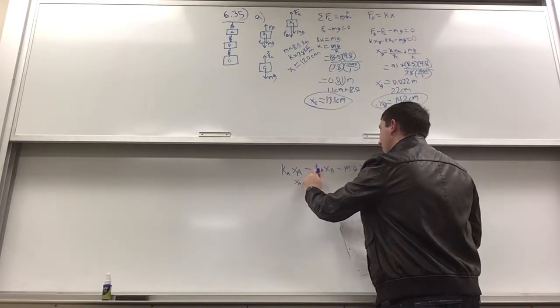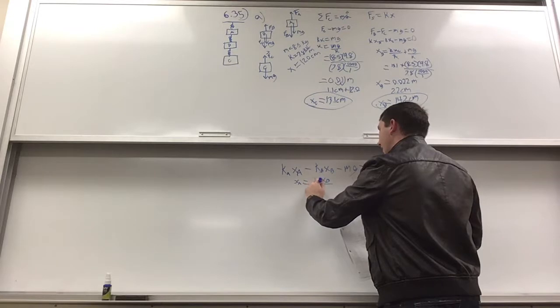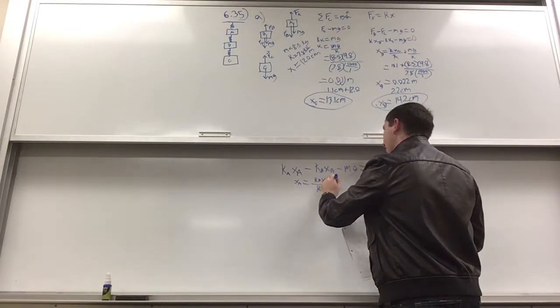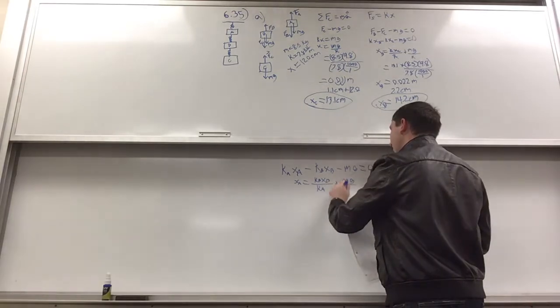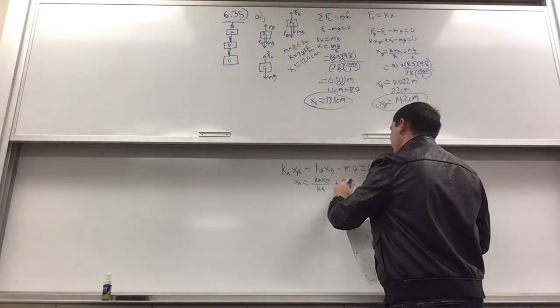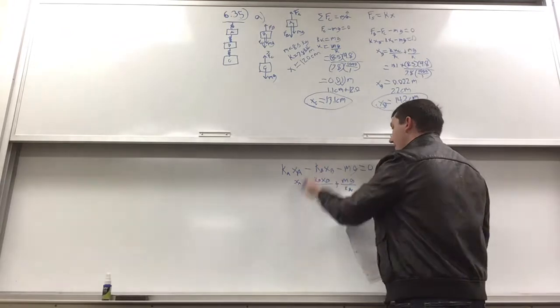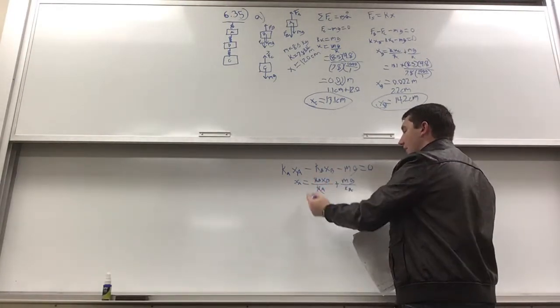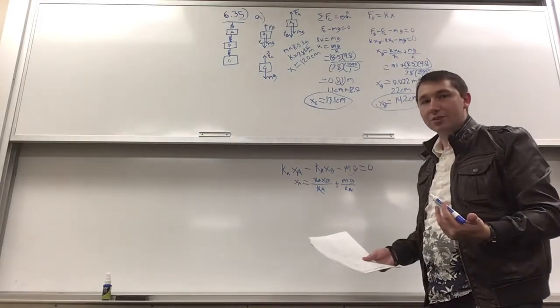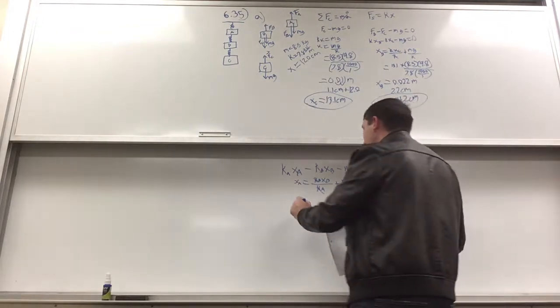It's going to be K_B X_B divided by K_A plus mg over K_A. And then when we plug all our variables in, these K's are still the same because the springs are identical, so they're going to have the same constants. Those will cancel out.